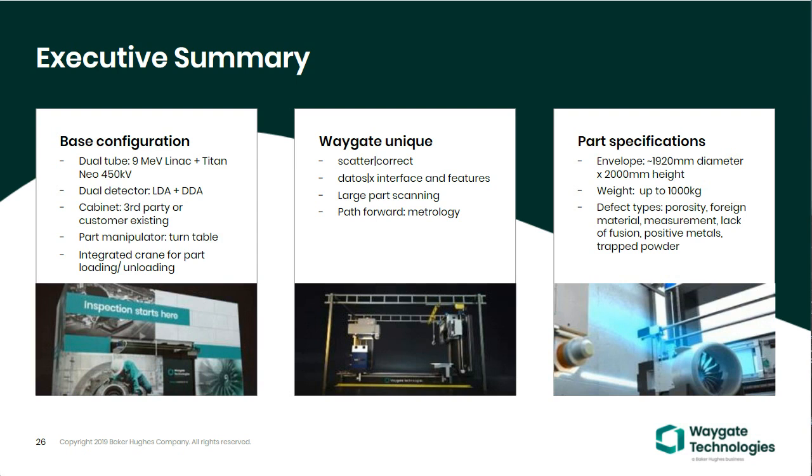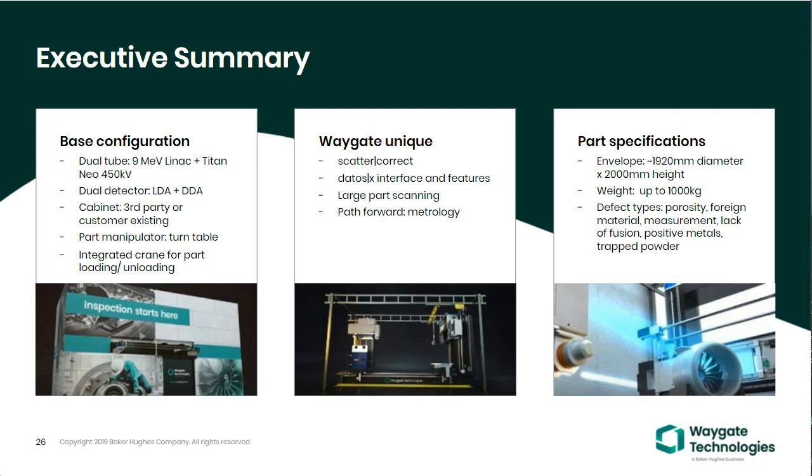As you noticed with some of those parts in the beginning, sometimes they have thicker sections and thinner sections. So being able to do 450 kV and 9 MeV in the same system on the same mechanical scale will allow us to better blend that data and use the optimal imaging chain configuration regardless of what the part looks like or the section of the part that we're scanning. We have dual detectors, an LDA and a DDA. There's an integrated crane in there.